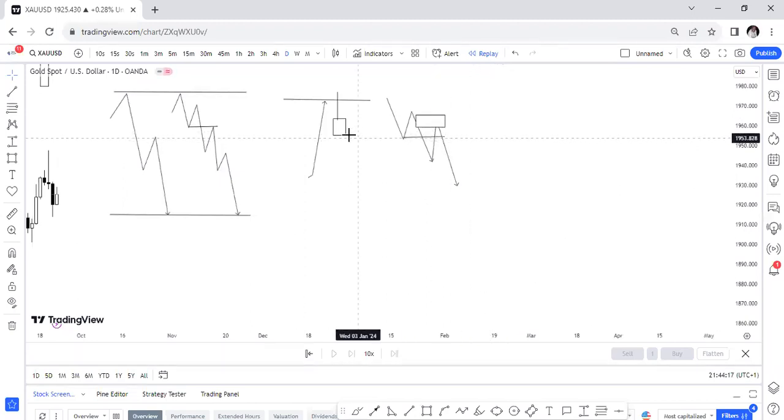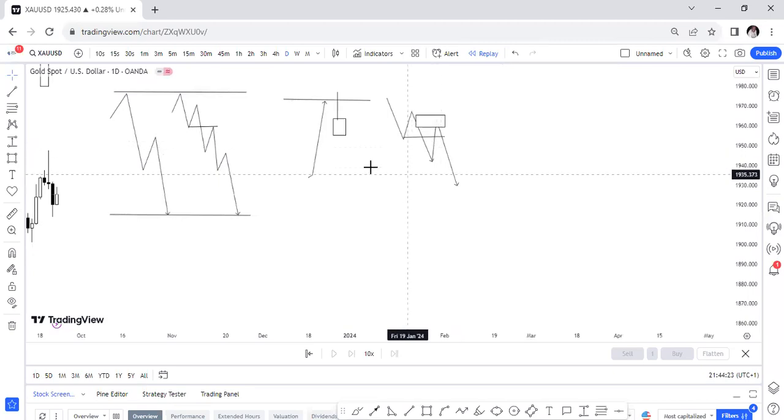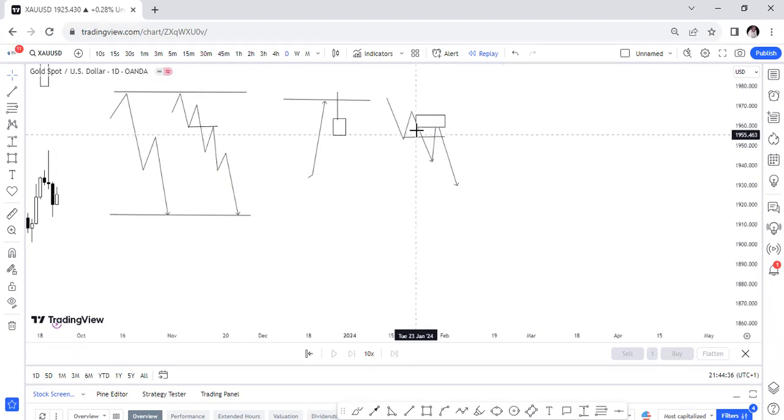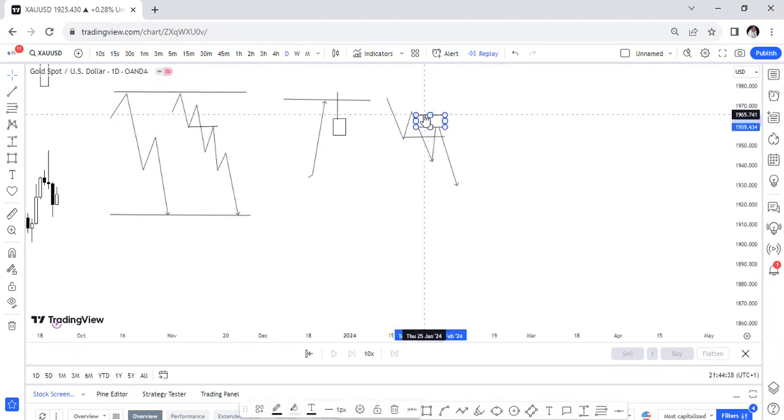But once you get this daily rejection of a particular SNR level, it is not yet done that there is a setup for you. How do you confirm? You are going to confirm from a lower time frame breakout. I'm giving you first-hand information. You are going to get a lower time frame breakout pattern like this.